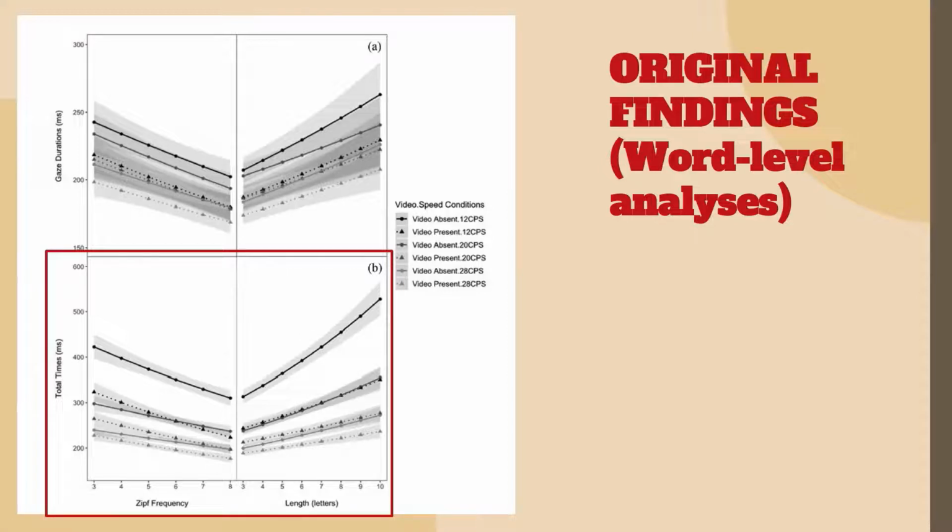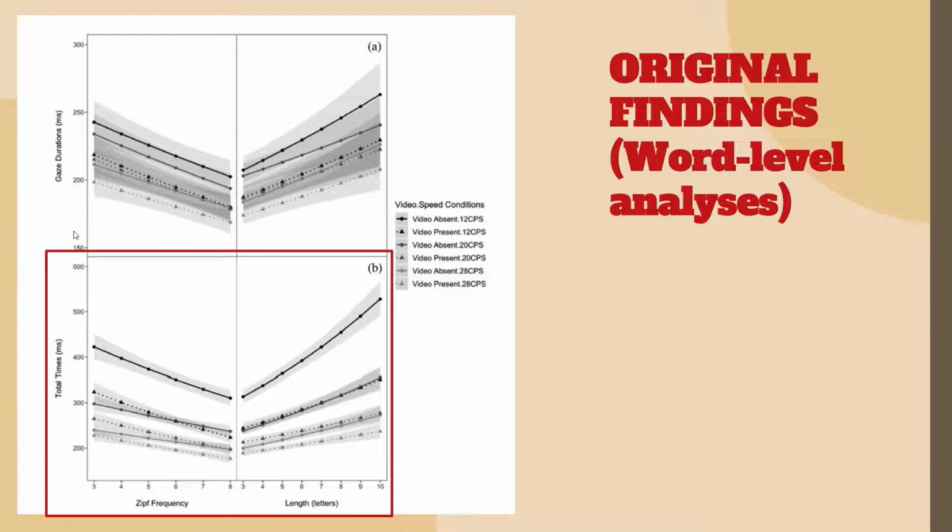When length increases, as there are more letters in a word, all the lines to a lesser or greater extent also grow, right? So the longer a word, the more it is fixated, the more the total time increases, right? And this makes sense because if the word is longer, there are more chances of people reading it, right?